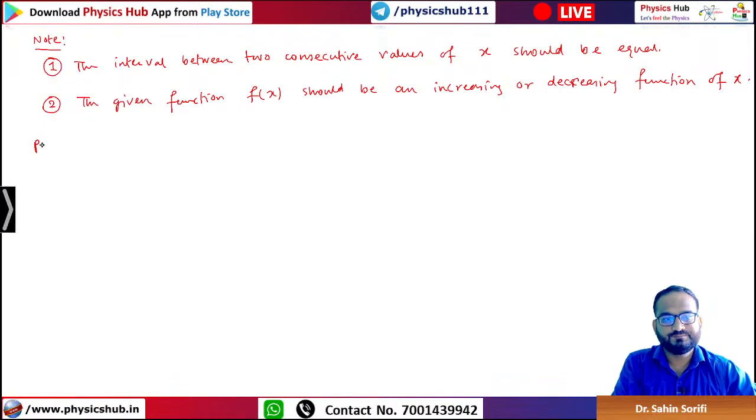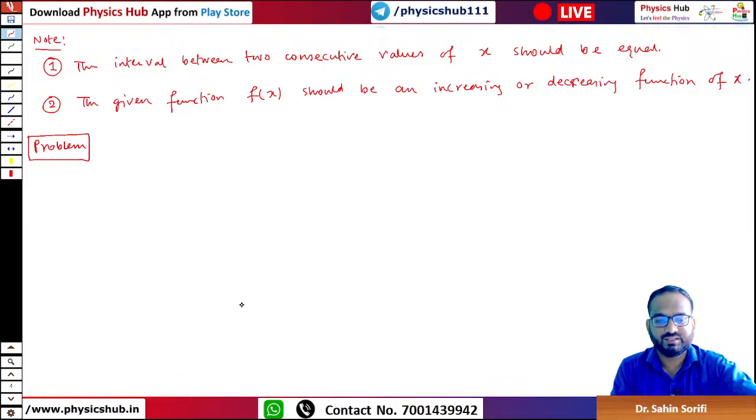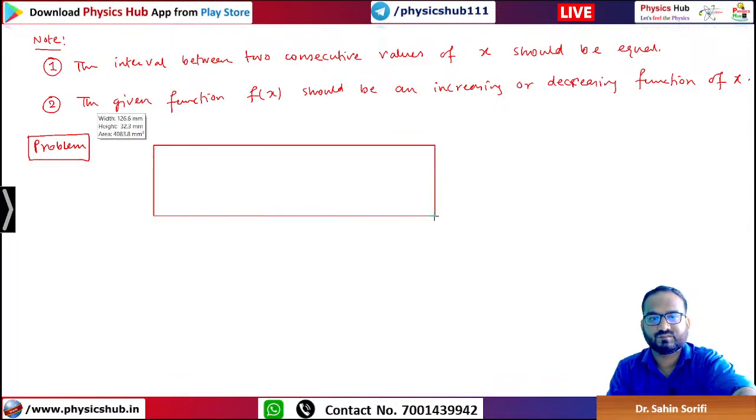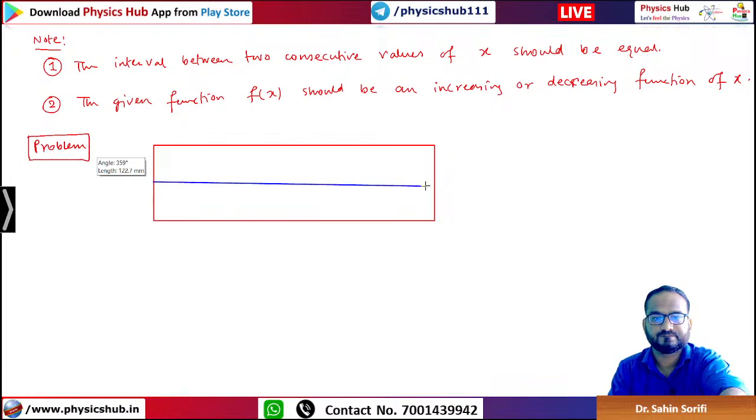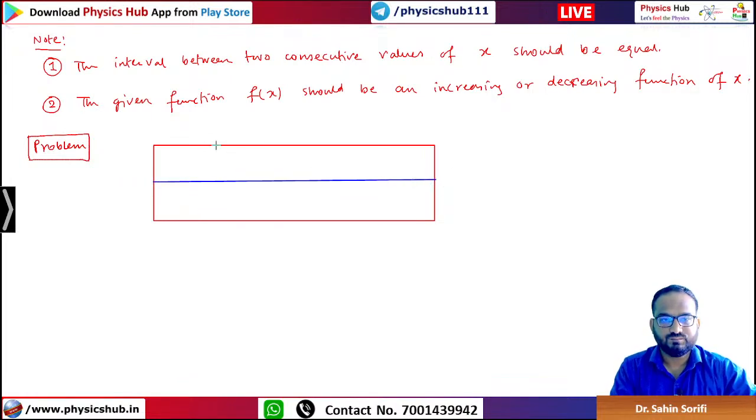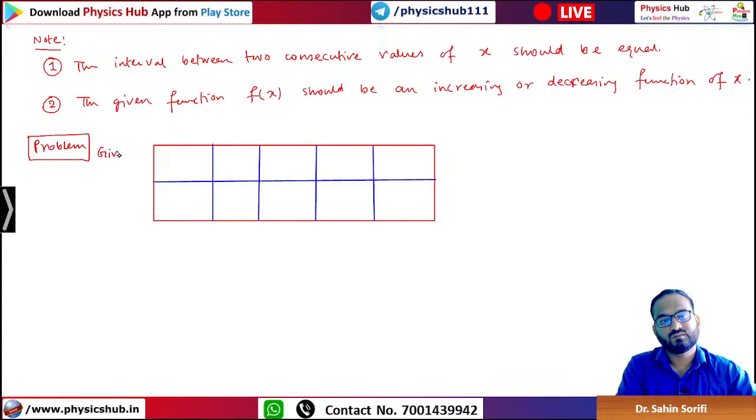Let me give you a problem. Let's start with a simple problem. You are given a table like this, x and f of x: 1, 2, 3, 4.